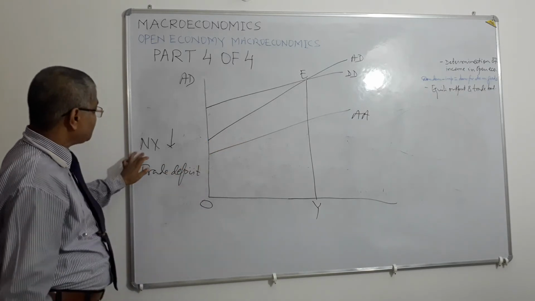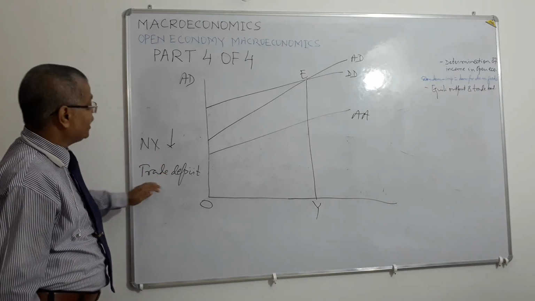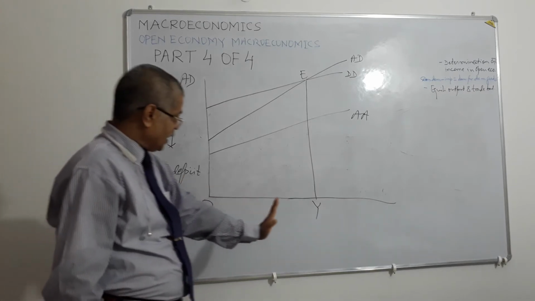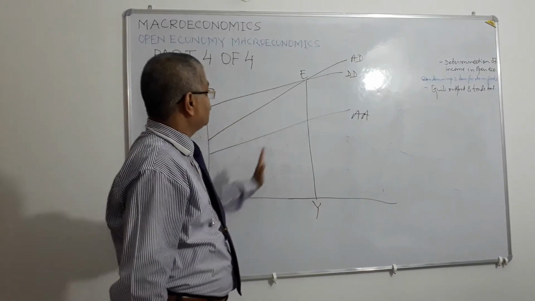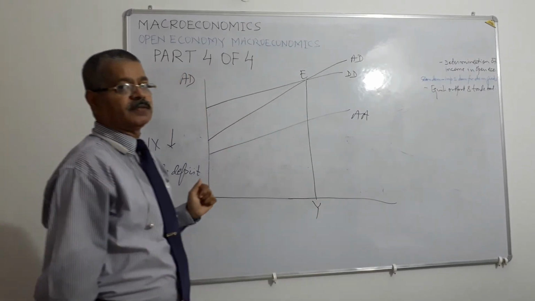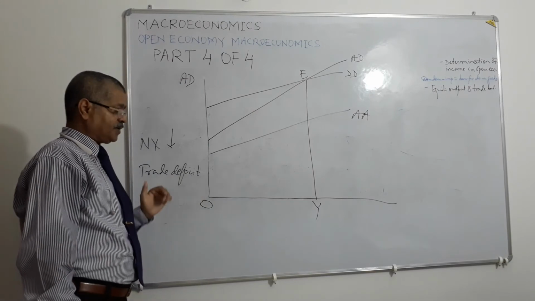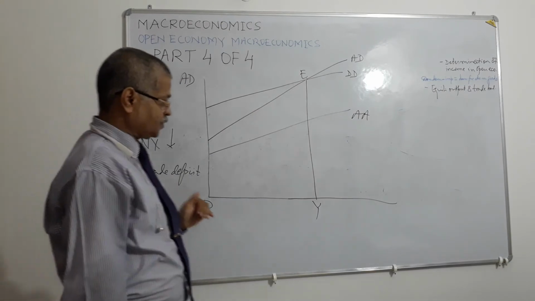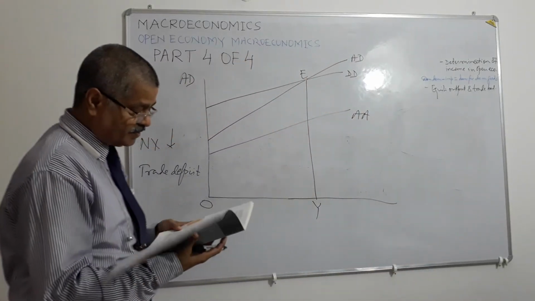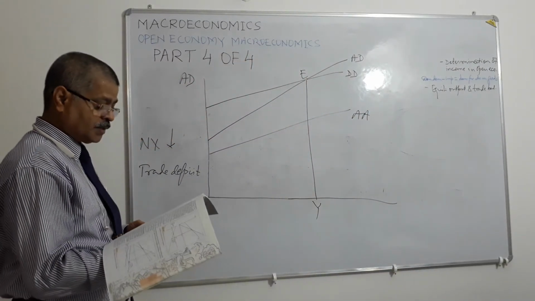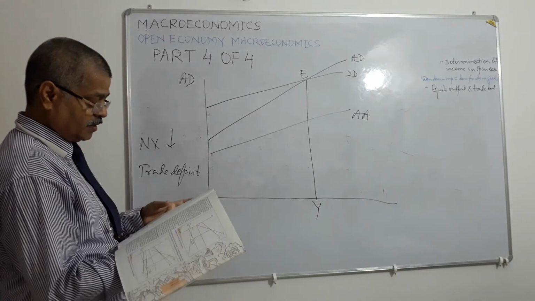So net exports keep on declining and we get trade deficit, and before the point of Y level of income, we have trade surplus, right? You need to understand it in very easy language.